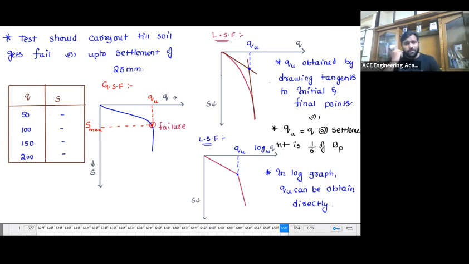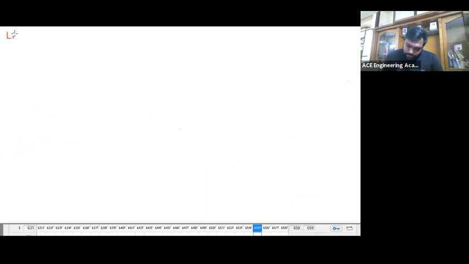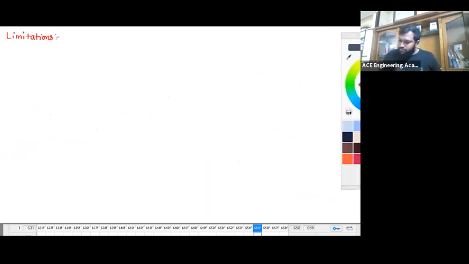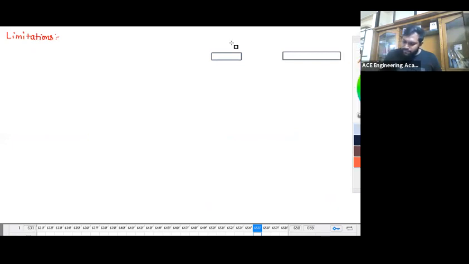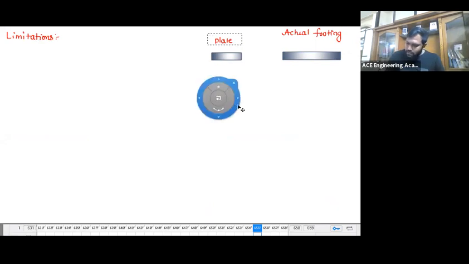Let's see the limitations. For example, this is a plate of width BP, and this is the actual footing of width BF.